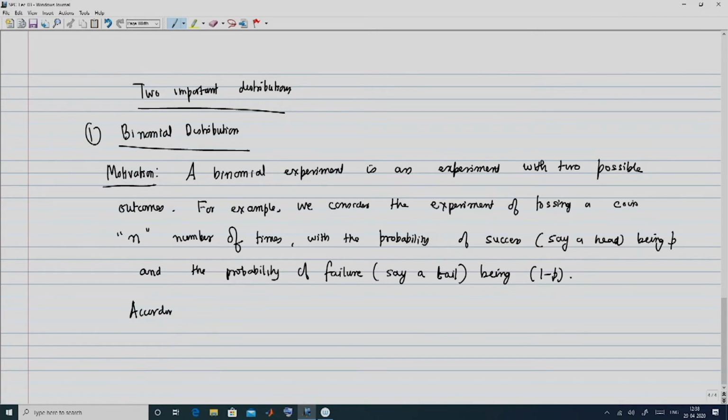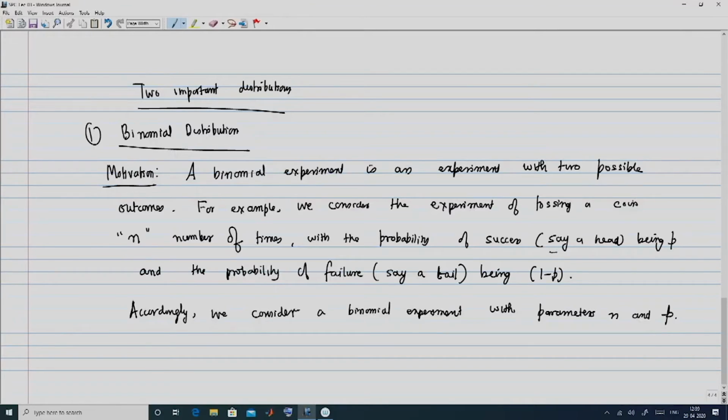Accordingly, we consider a binomial experiment with parameters n and p. This basically means that you are repeating an experiment n number of times, and each time the probability of a success is p and the probability of failure is 1 minus p.